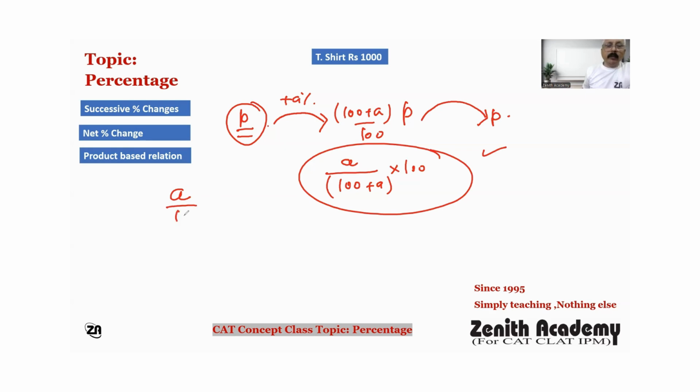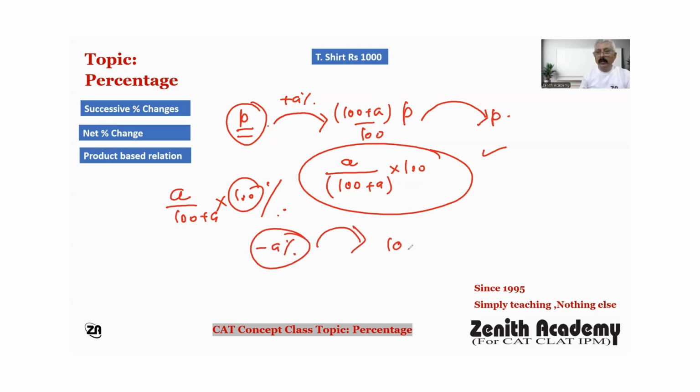So a upon 100 plus a into 100% should be decreased to get the original value. Or if it is a% decrease, then value will be 100 minus a. So how much percent should it increase so that it gets the original value? So it is a upon 100 minus a into 100.